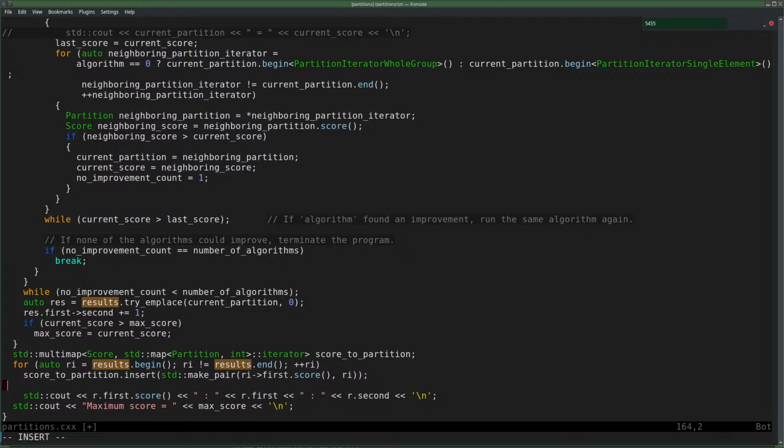So now we can run over all the elements, which is then say the score to partition iterator. Well, iterator. I'm using an iterator as well.